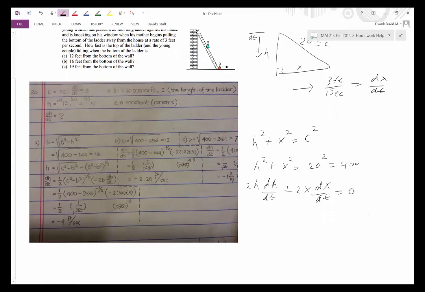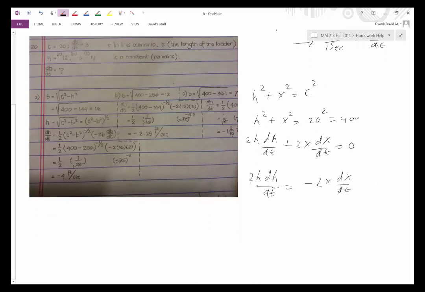So now the question is asking us to solve for dh/dt, so let's start with that. That gives us 2h dh/dt is equal to negative 2x dx/dt.